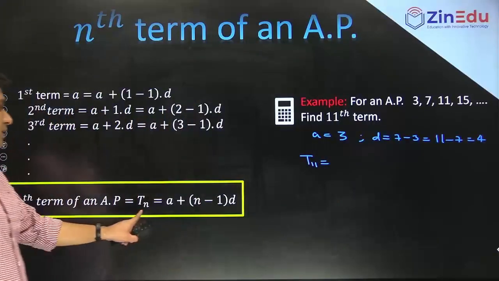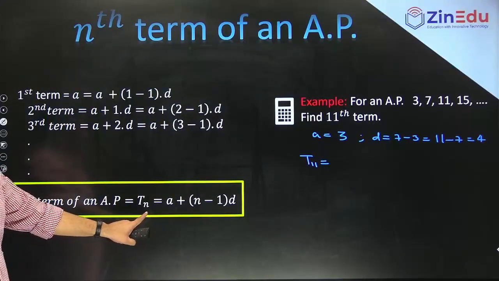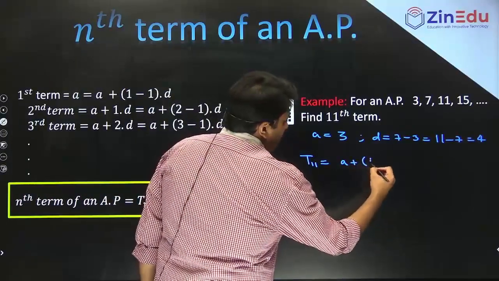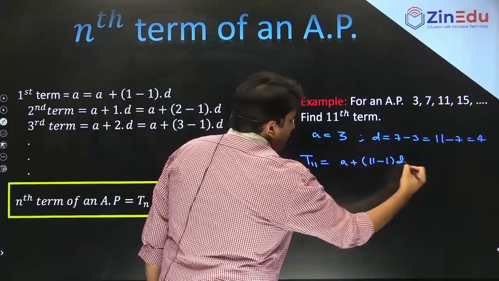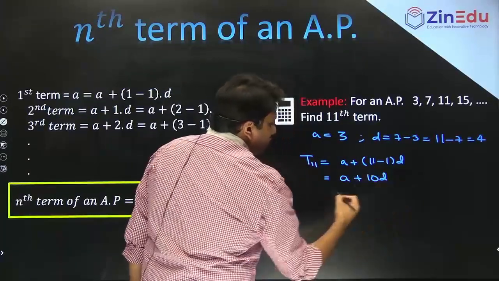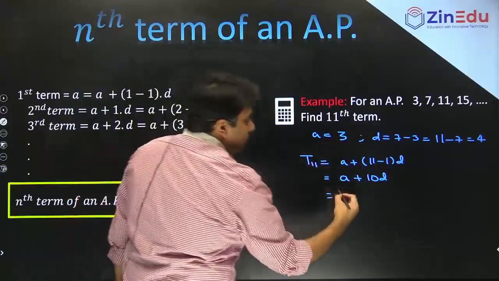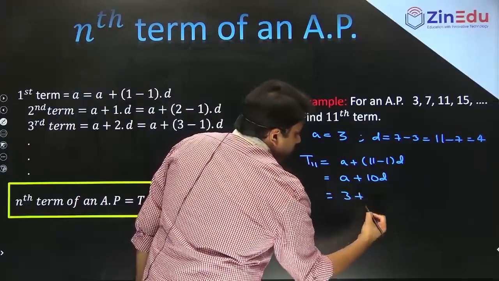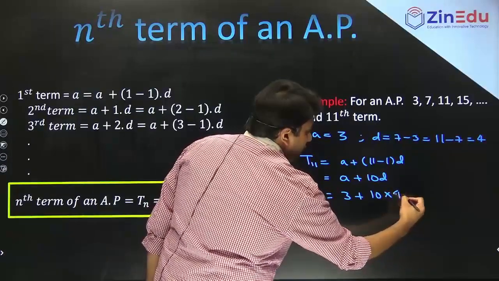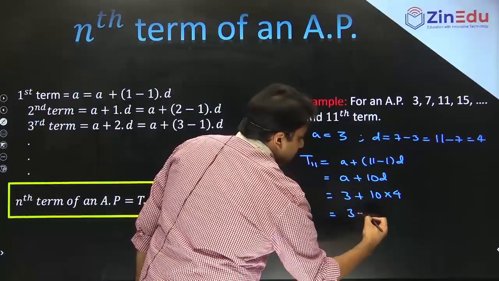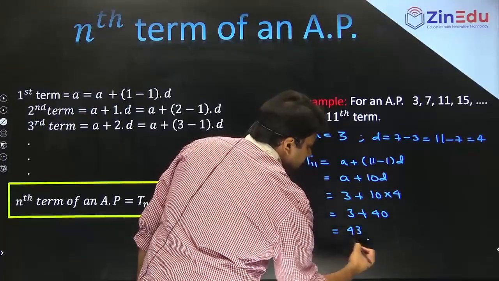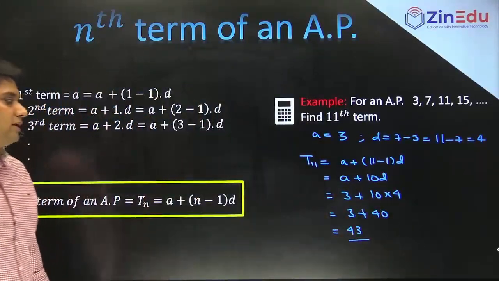Using this formula, just replace the value of n by 11. So we will have A plus 11 minus 1 into D, that is A plus 10D. Now substitute the values of A and D from above. So we will have 3 plus 10 into 4, which is equal to 3 plus 40, and we will get 43 as our result.